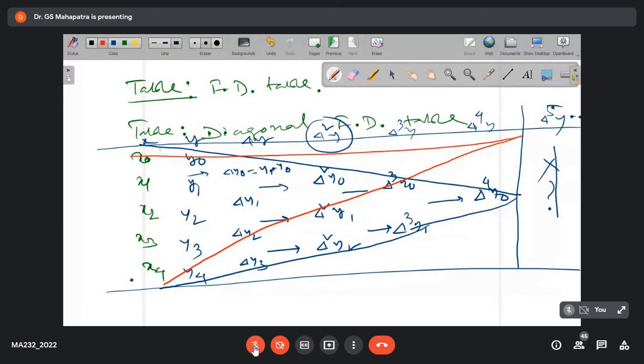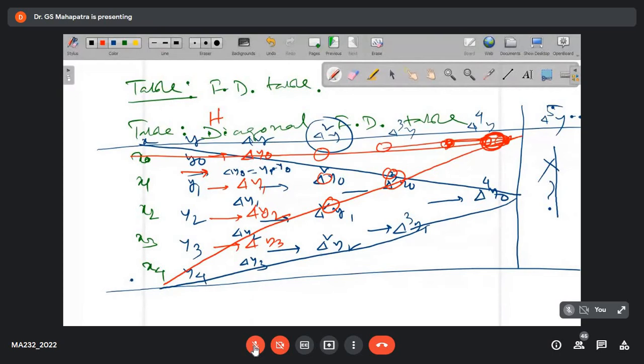I will not write that one; it is known as the horizontal table. Same entries, but instead of the middle you put them here: del of y0, del of y1 parallel, then del of y2, del of y3, so ultimately all of this fills. Similarly the entries will be like that, and at the final one there is nothing.